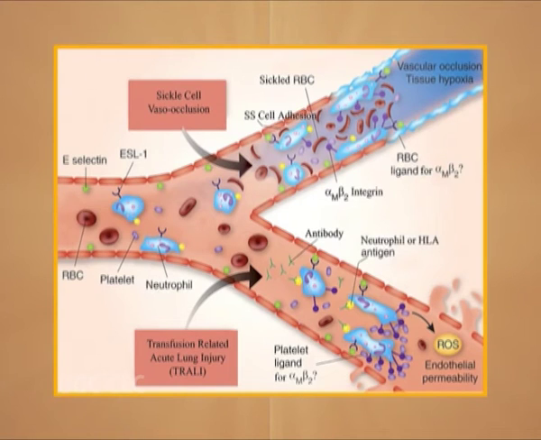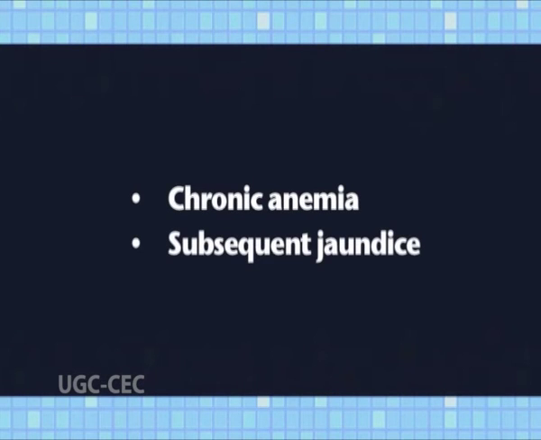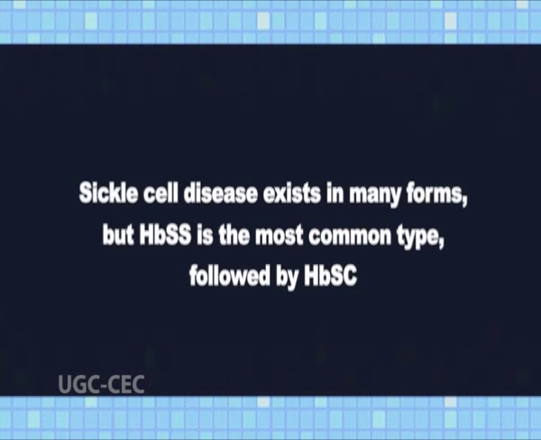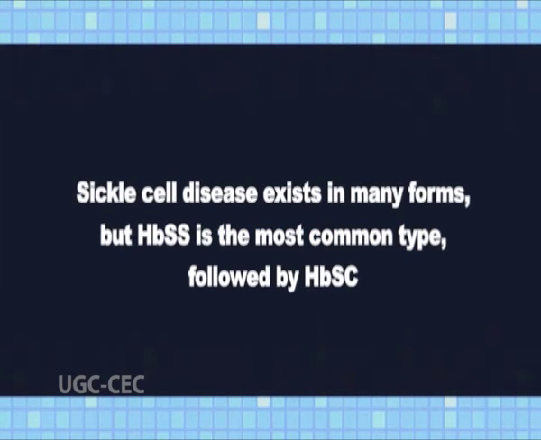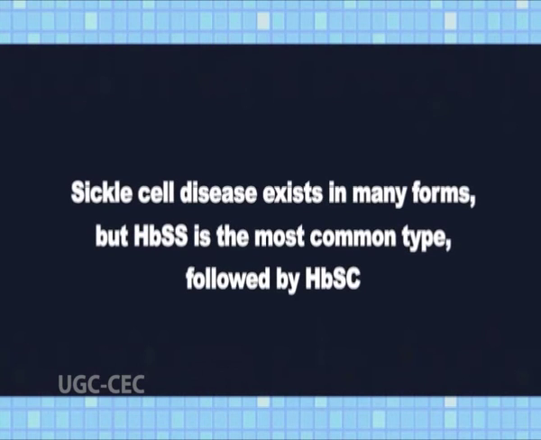The clinical manifestations of sickle cell disease are related directly or indirectly to hemolysis and vaso-occlusion. Hemolysis contributes to the chronic anemia and subsequent jaundice. Other sickle cell disorders. Sickle cell disease exists in many forms, but HbSS is the most common type, followed by HbSC.